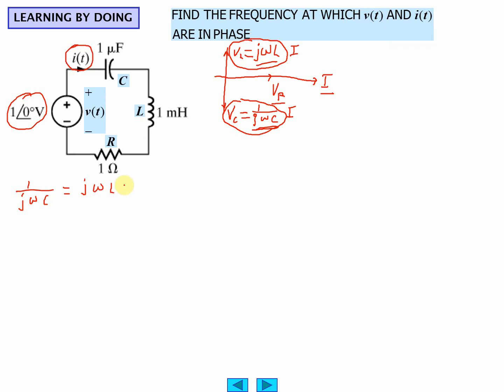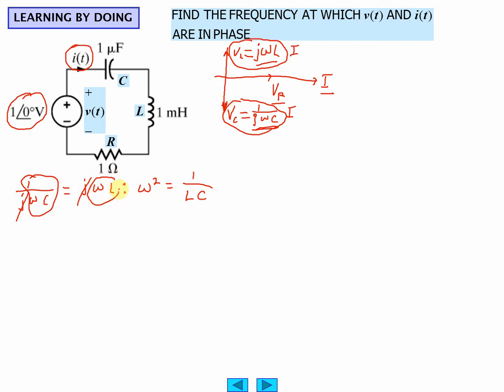And that's going to give you omega squared equals 1 over LC. Now I should have dropped the J's. The absolute magnitude of the distance down needs to equal the absolute magnitude of the distance up. 1 over omega C is the distance of this arrow down.